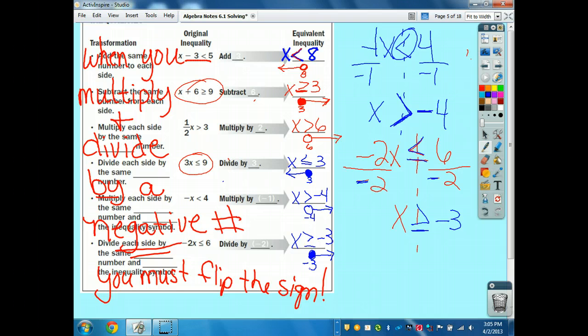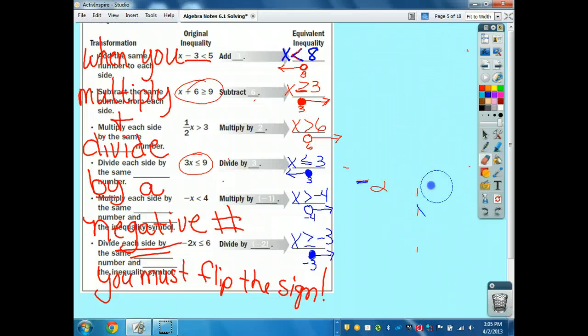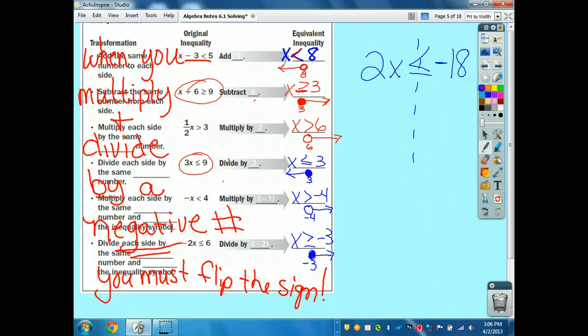Now before you turn, I want to give you one more example because it'll goof you up if you don't see this. Some people get mixed up on it. Say I have 2x is less than or equal to -18. What do I do to solve that? Divide both sides by 2.